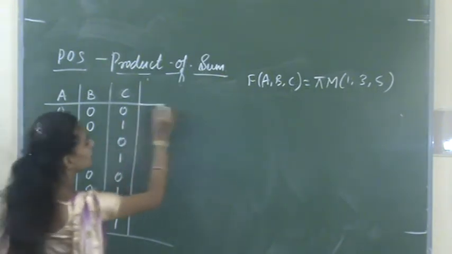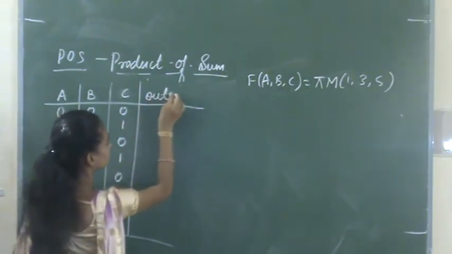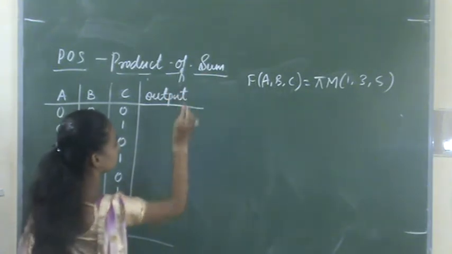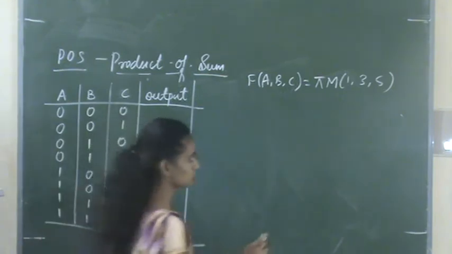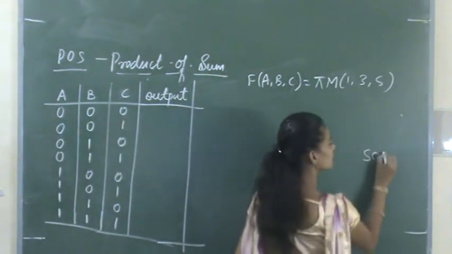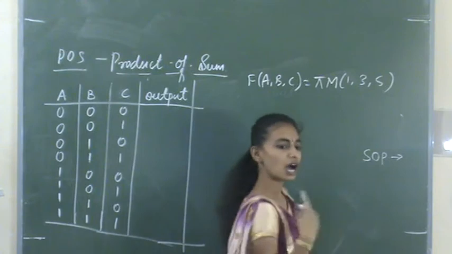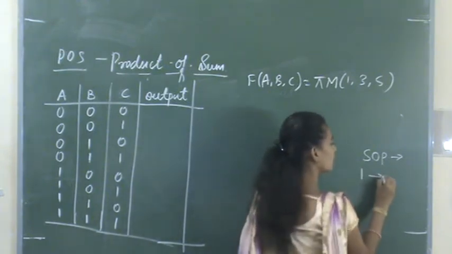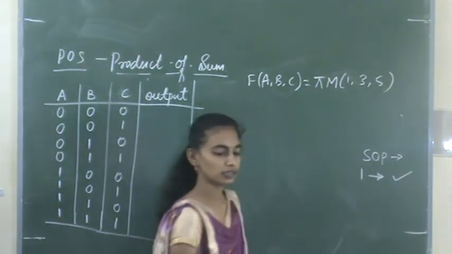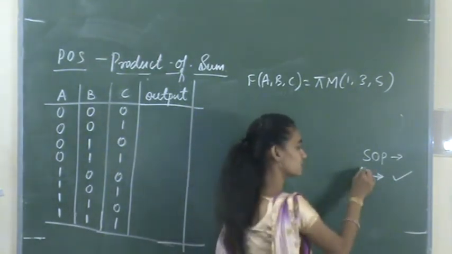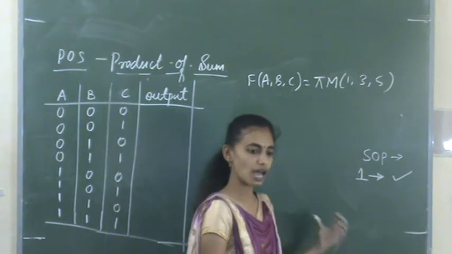Now we have to write the output for it. In SOP, wherever the output is 1, we take that product term as an expression.